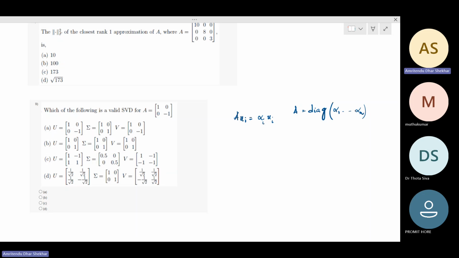So if any of these alphas is negative, you can write it in this way.